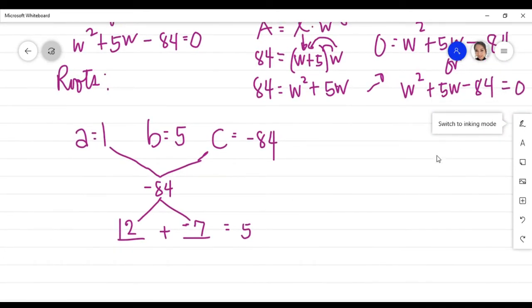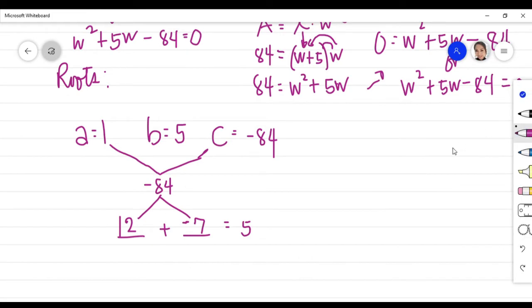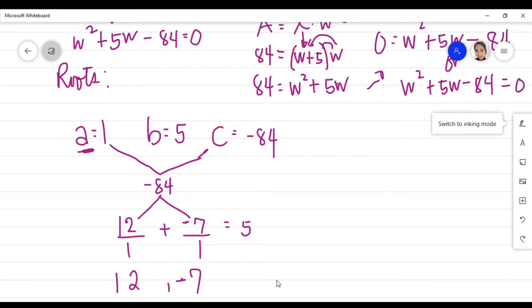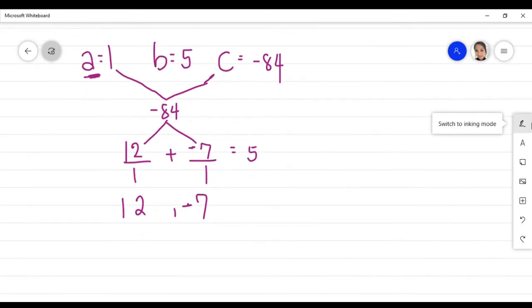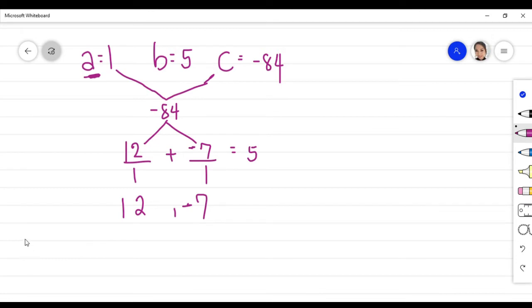Now, what's the next step? Divide the two numbers by the value of our A, which is 1. So we have 12 and negative 7. And then the last step is to change their signs. Do not forget to change signs.